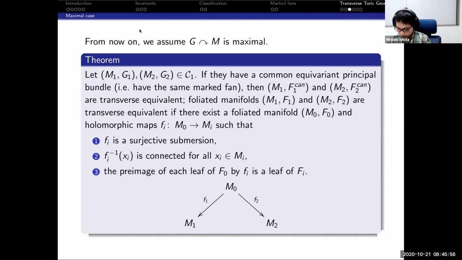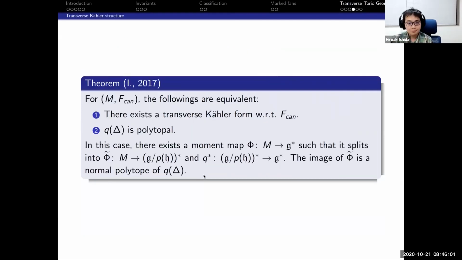So for example, I have shown the following. For a complex manifold with maximal torus action with canonical foliation, the following statements are equivalent.